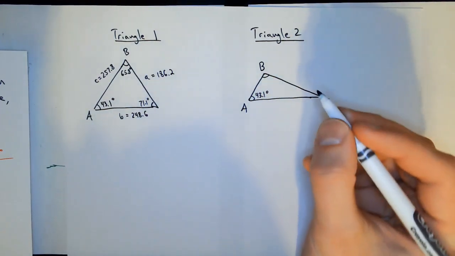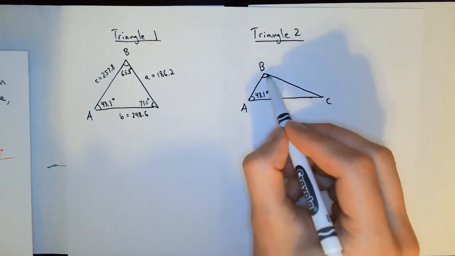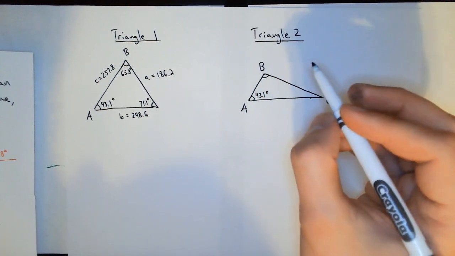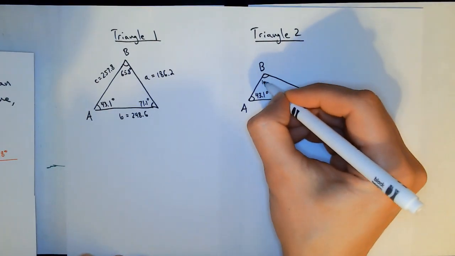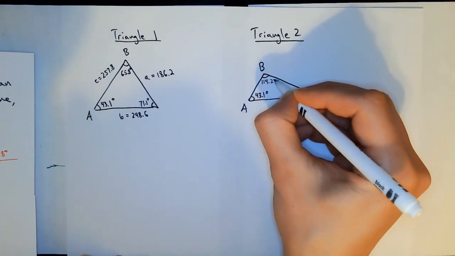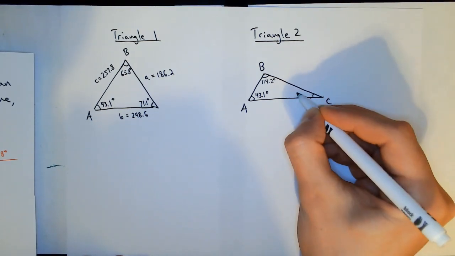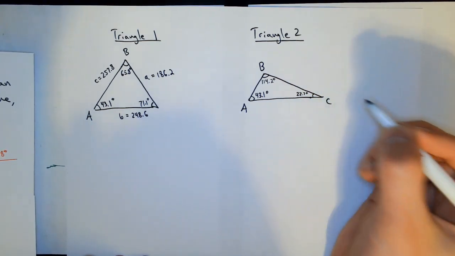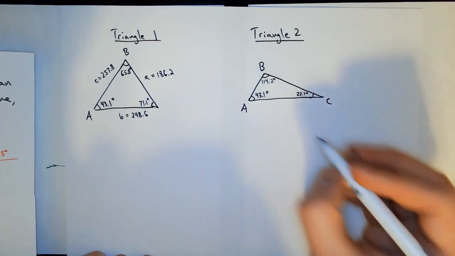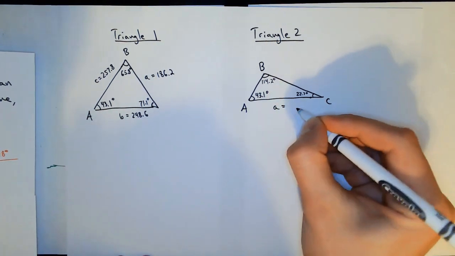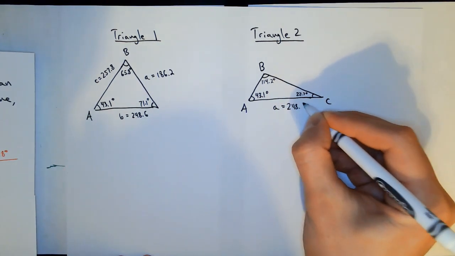Angle B, so this is triangle 2, B2, we found as 114.2 degrees, and then with that we got the angle of 22.7 degrees for angle C. Side A was held constant, that was given.